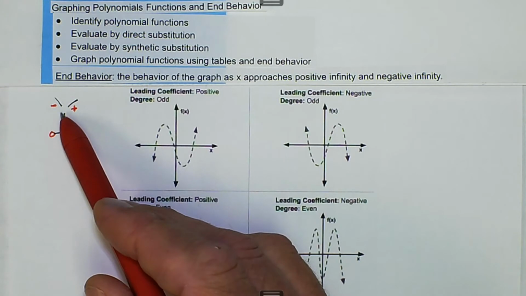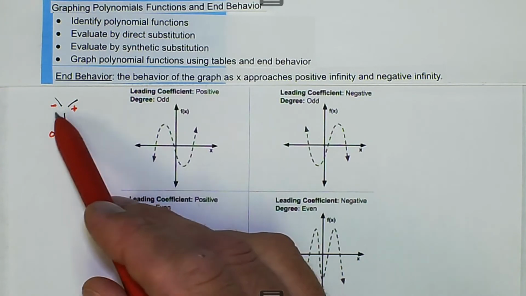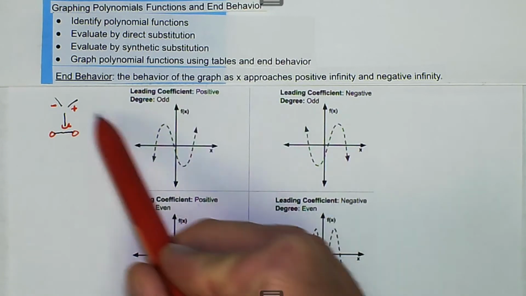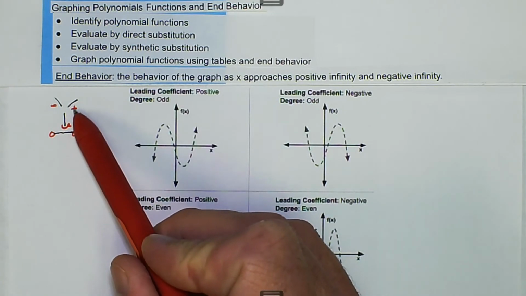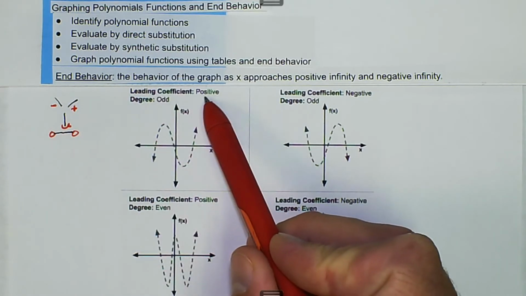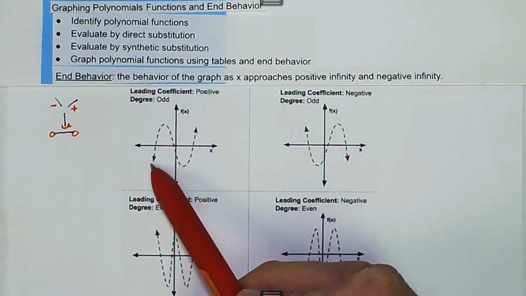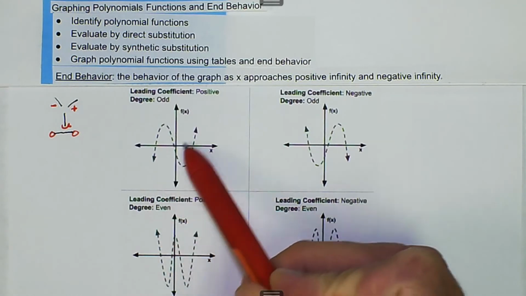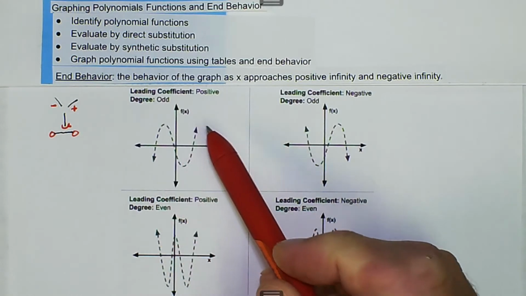The two that we want to pay attention to are negative and positive. So if it's positive, like our eye here, it starts low and works high. If it's positive, it's going to start in this low side, and it's going to work its way up. So that's going to be a positive slope.